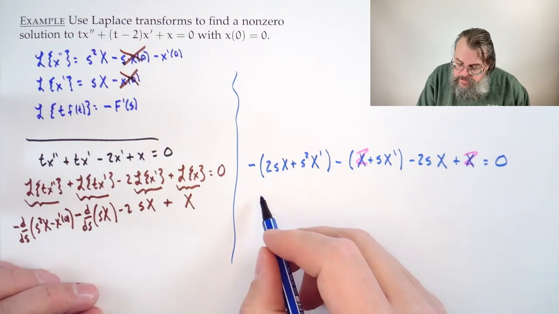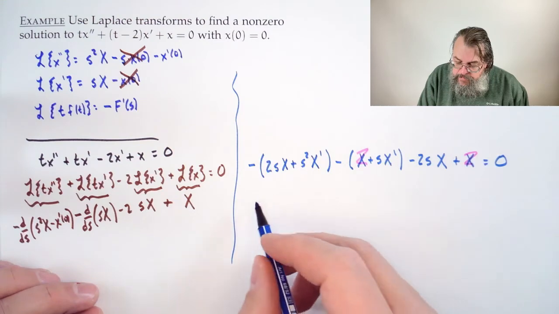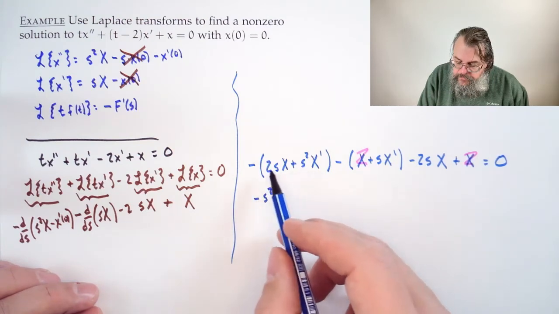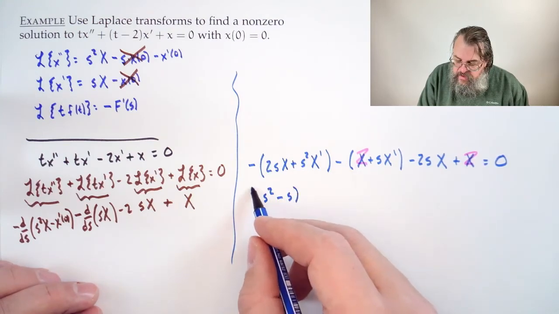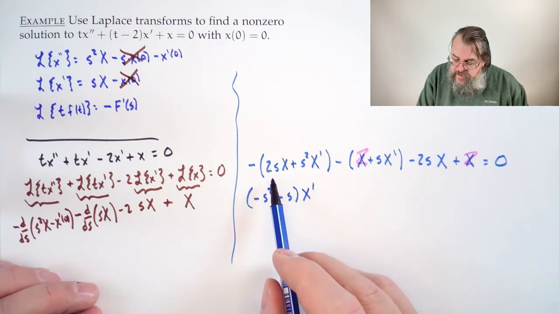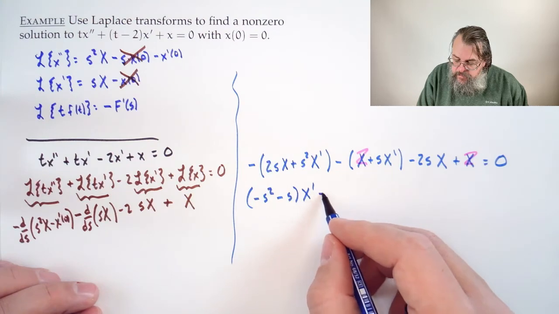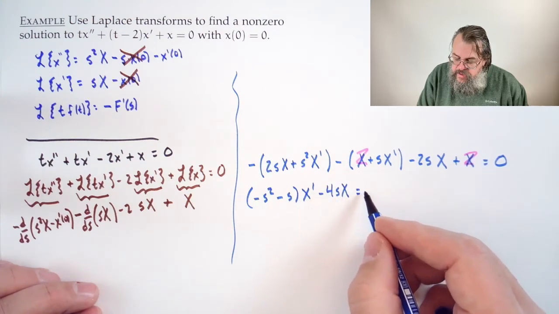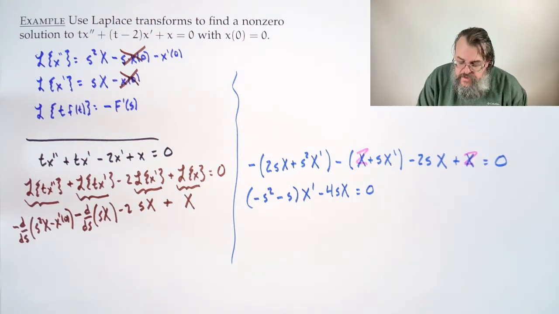So we have, well, let's just work this all out. For X prime, we'll have a minus s squared and a minus s, and that's multiplied by X prime. And then we have a minus 2sX and a minus 2sX, and so that becomes a minus 4sX and equals 0. All right, good.